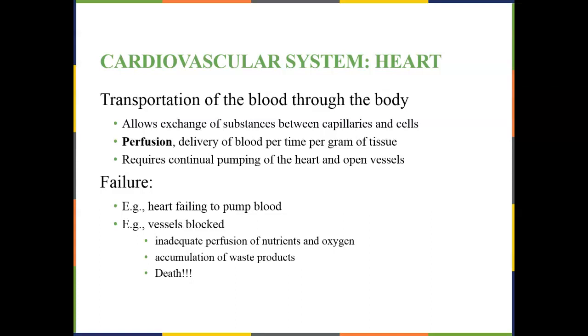So failure of the heart to pump or failure of the blood vessels to allow materials through them can lead to inadequate perfusion of our cells. And this can also lead to accumulation of waste products in those same cells. And eventually this will lead to death of the cells and potentially death of the body.